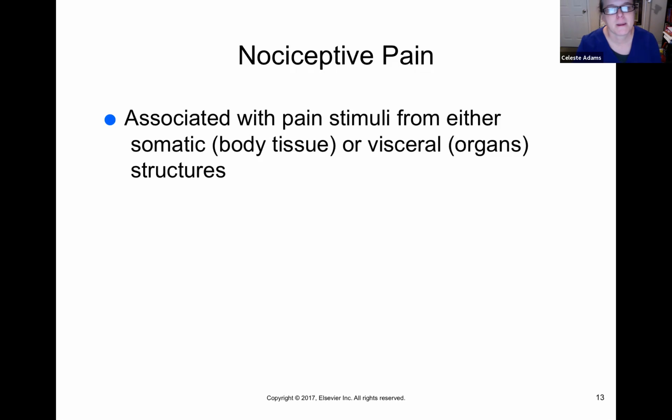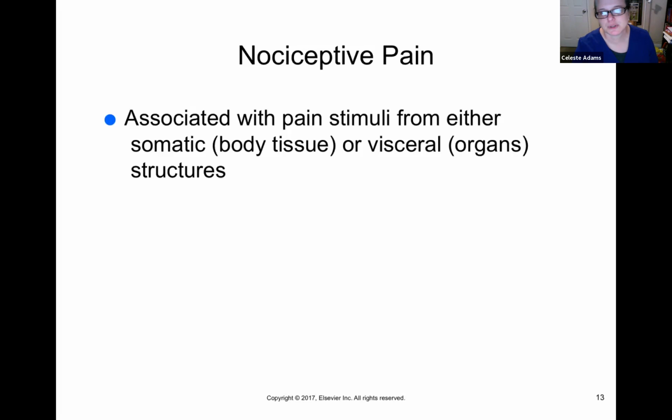An example of a body tissue would be a muscle or a bone. Those are the ones I can think of off the top of my head.